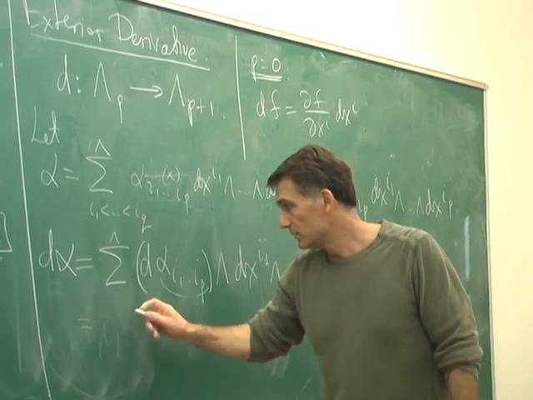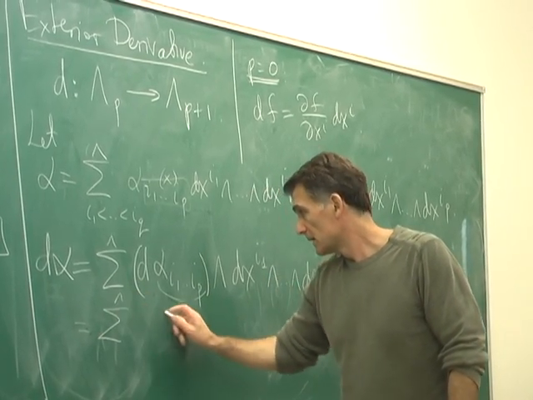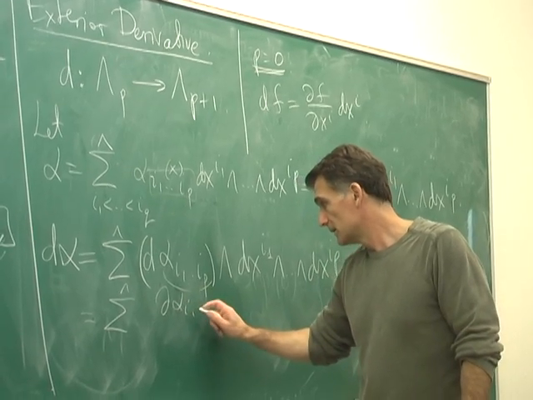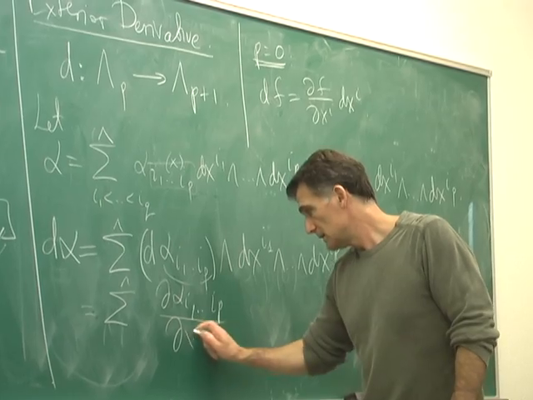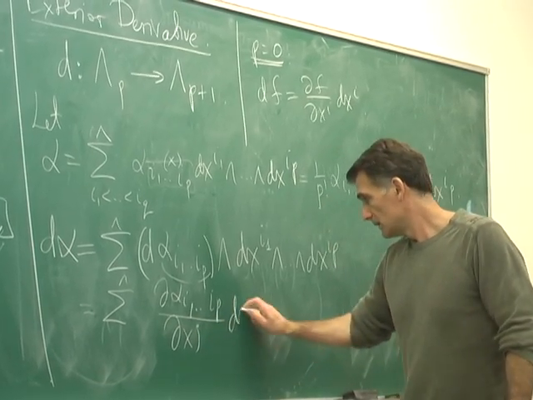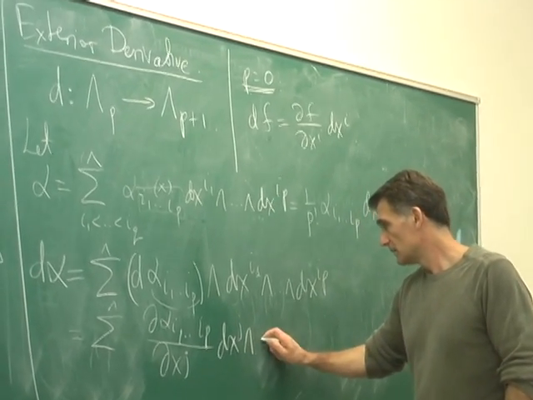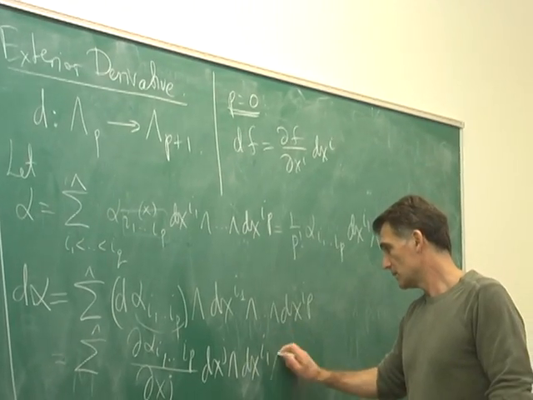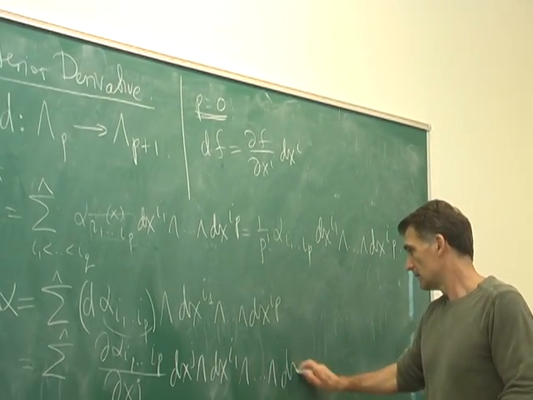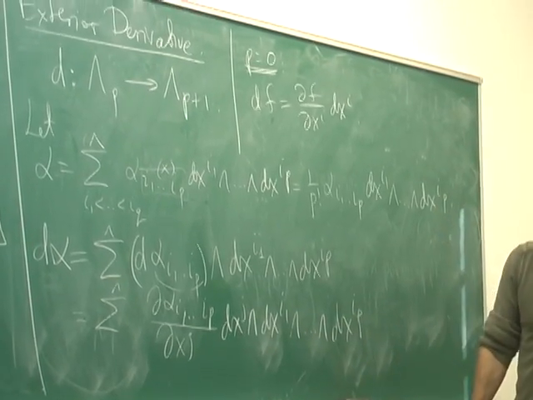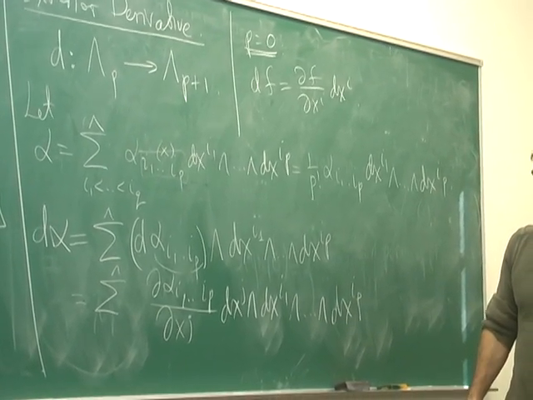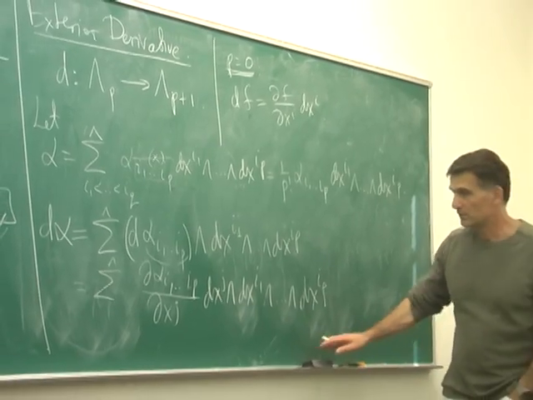So that will give you d alpha i1 through ip over dx^j, wedge dx^i1 and so on. So that's what it is. And that's probably the easiest way to do it.